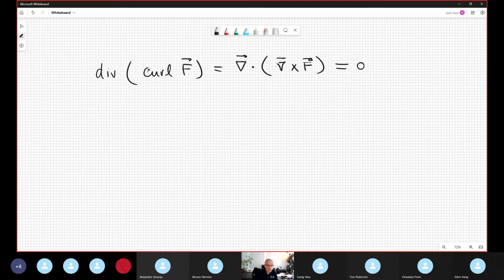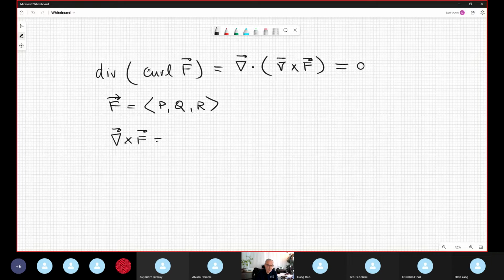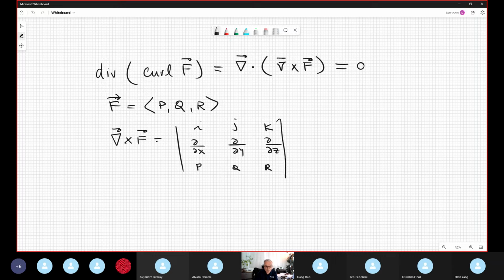For example, suppose F is a vector field PQR. The first operation I should do is compute the cross product del cross F. The operator del is symbolic, with rows i, j, k, then the partials, then P, Q, R. I did this before.